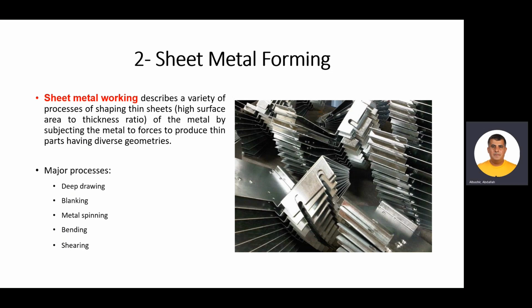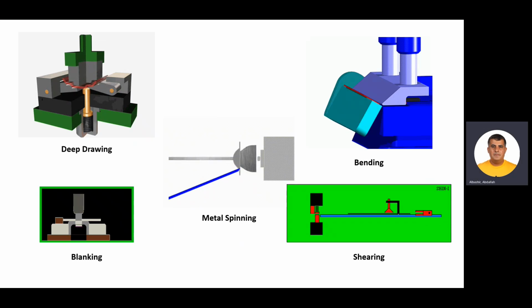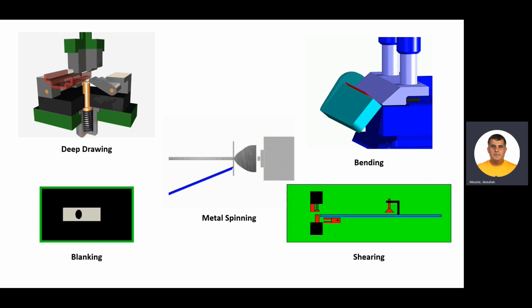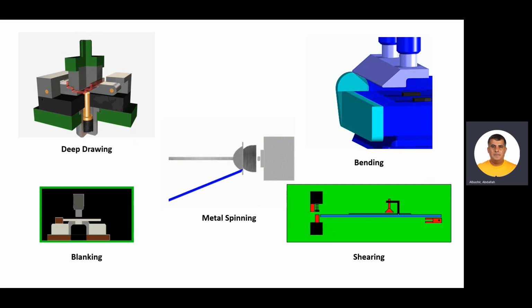There are different processes. From these processes we have deep drawing, blanking, metal spinning, bending, shearing. We can see here the different processes: deep drawing, blanking, metal spinning, bending, shearing.